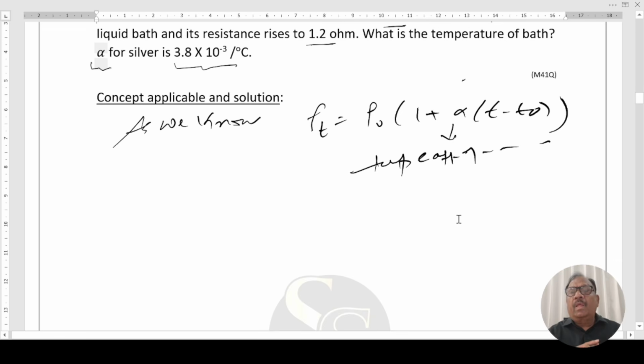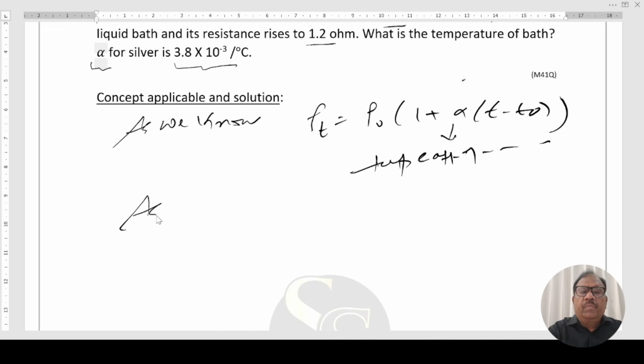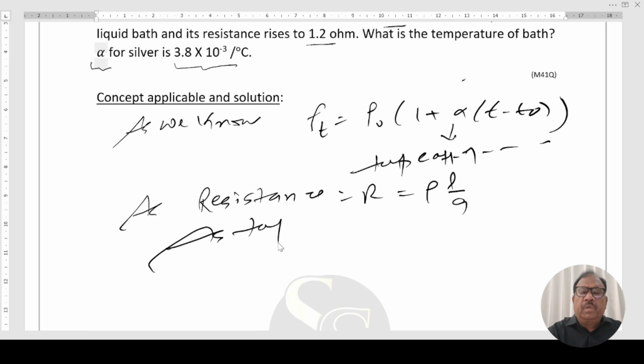Now, resistance R equals rho L upon A. As temperature rises, length increases and area also depends on temperature.